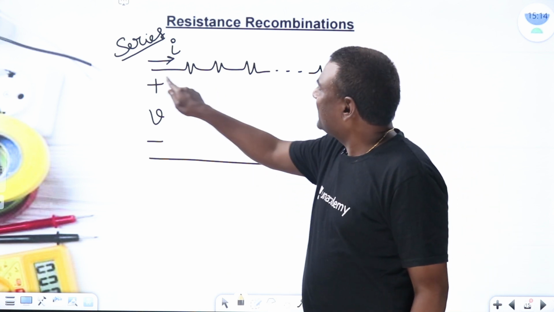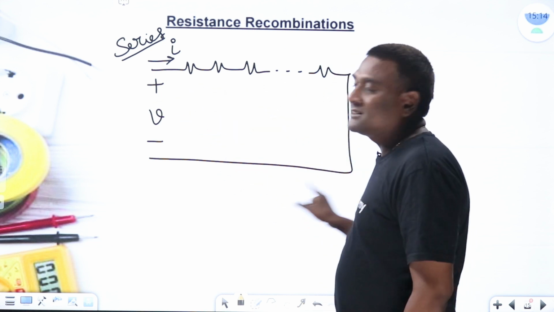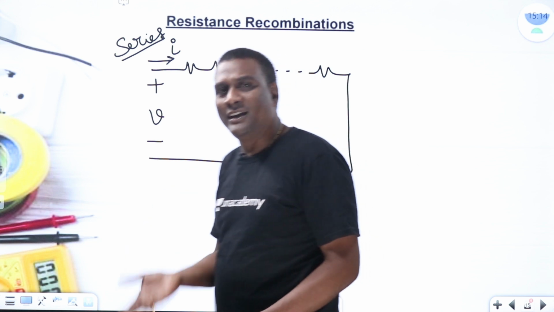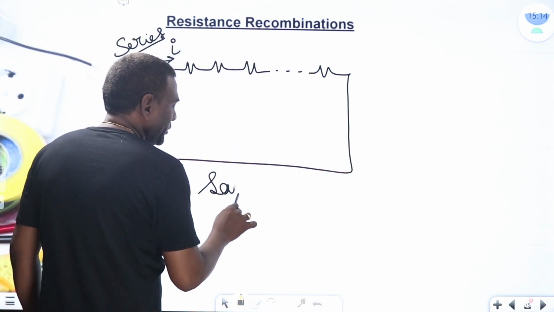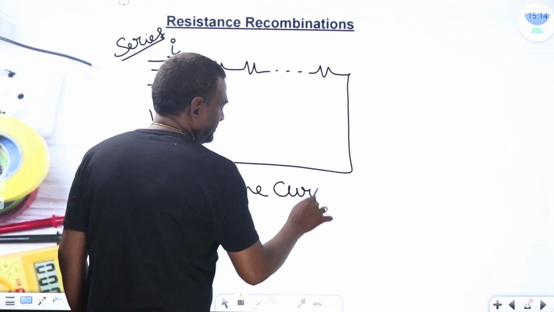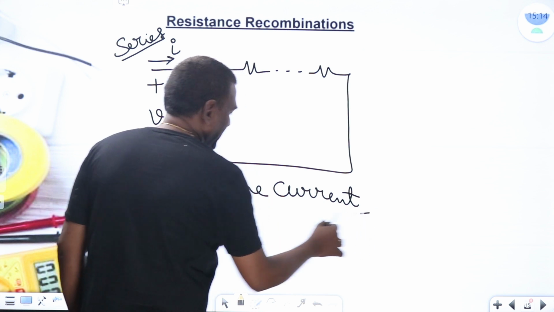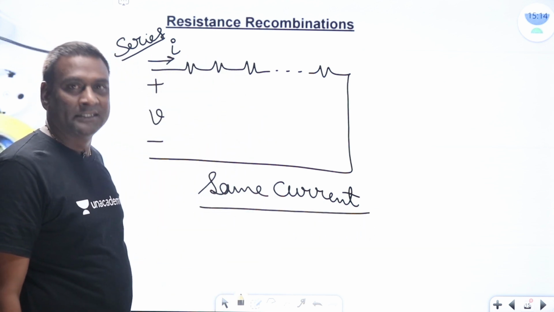Same current should flow through all the resistances or through all the elements. We can call it series. What is meant by same magnitude also? I'll tell you right now. Same current should flow through all the elements, then we can call them series.